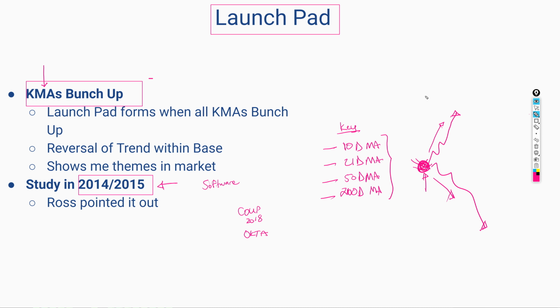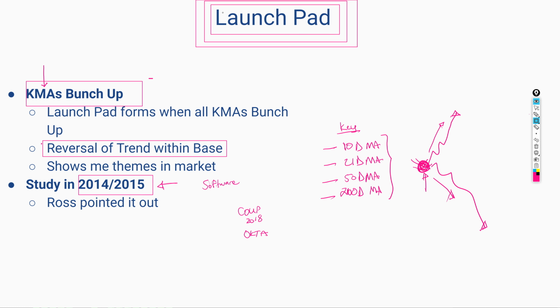When you're coming out of corrections and themes are developing, you will see launchpads develop, and you'll see the reversal of a trend within the base itself. And that's the methodology and the reason why we came up with this sort of characteristic and edge in the markets.